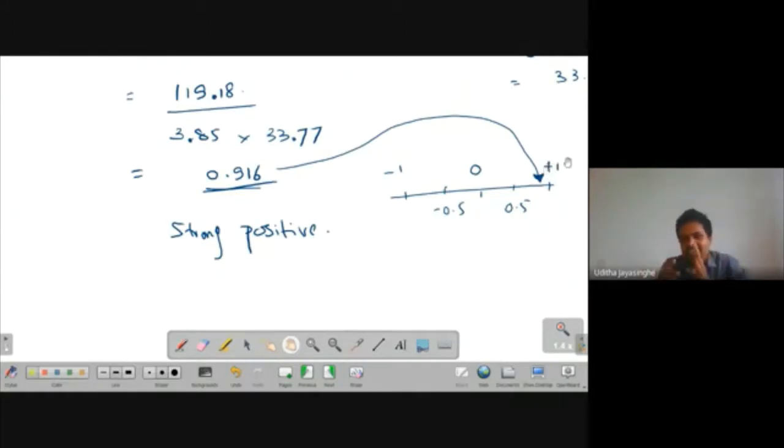But for a perfect positive, you don't really have to come here. You just plot the scatter diagram, and the scatter diagram will tell you itself that it's a 1. Perfect. So since it is close to 0.916, I can conclude this as a strong positive correlation.